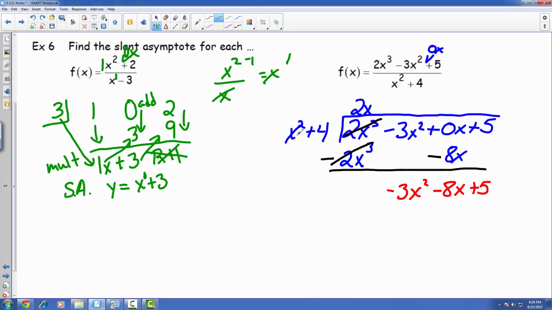So what times x squared gives us negative 3x squared? Well, negative 3 does that. So then we end up with negative 3x squared. That 4 is along for the ride, so negative 3 times positive 4 comes out to be negative 12. Placing that right under our constant, our other constant that we have.